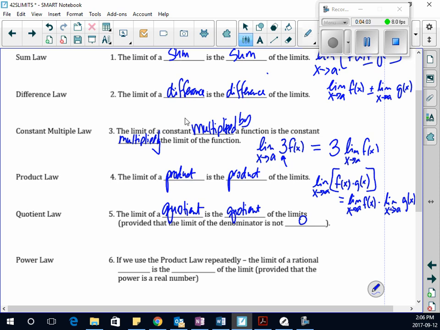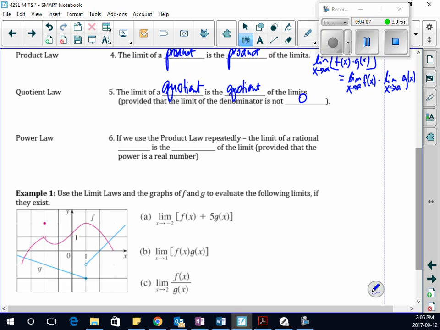Okay, the power law. If we use the product law repeatedly, that's the limit of a power. Like if I go 5 times 5 times 5 times 5, that's the same thing as 5 to the power 4. The limit of a power is the power of the limit.